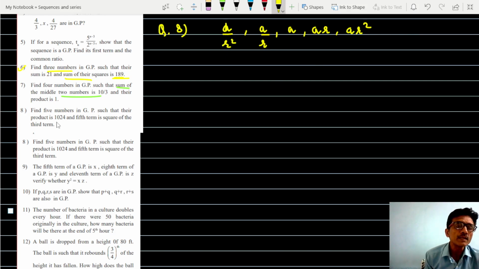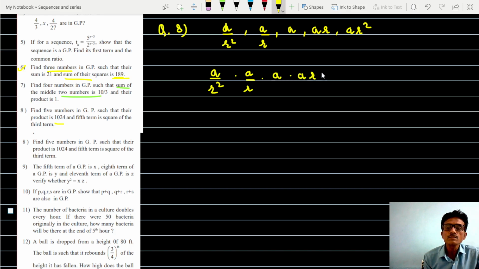Now what condition is given, beta? Find five numbers in GP such that their product is 1024. So the product of these five numbers, a upon r square, a upon r, a, ar into ar square, this product is equal to 1024.